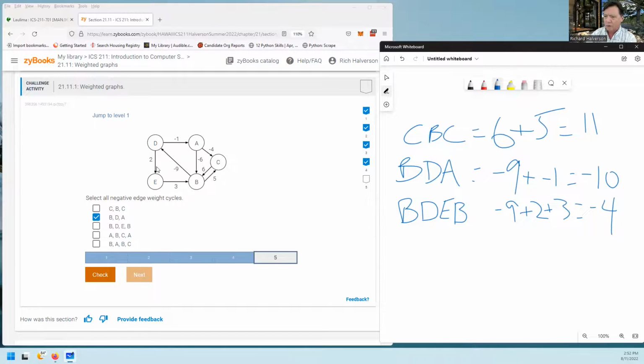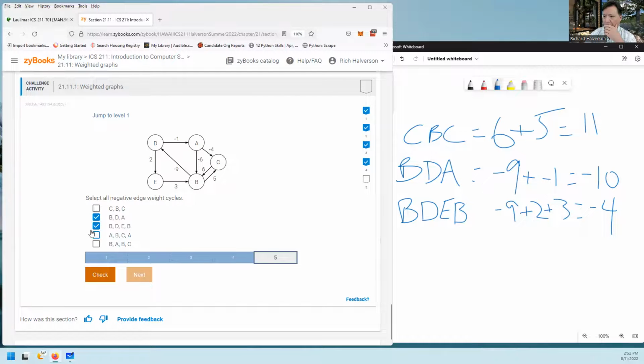That is a -1. Let's see, B to D to E to B. Yes. All right, that's negative.